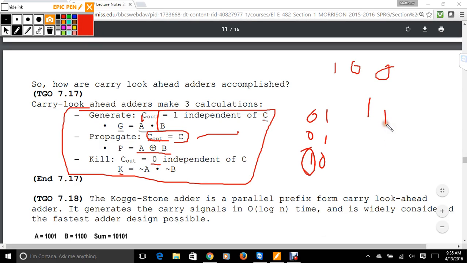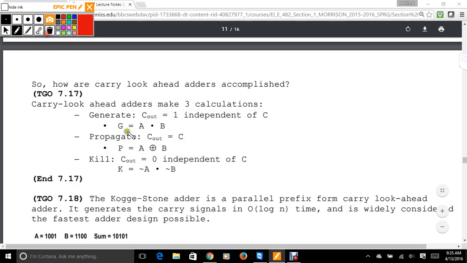Or you're adding 1, 1, and 1, right? Either way, you're getting a carry bit. So we can determine that. But if you have 1 or 0 and 1, then it ultimately depends on the previous carry. So that's where that comes into play.